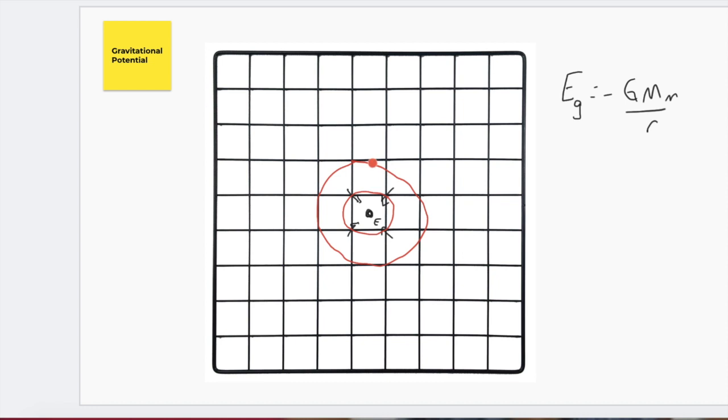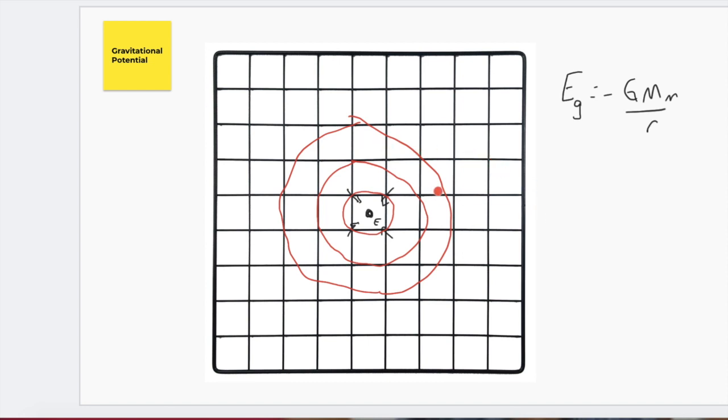This one, you'd be at a slightly less negative gravitational potential. This one, you'd be even less negative. Oh, I'm really botching this one. That's okay. They don't pay me for my art skills. All right, and so on and so forth. So the idea is the farther and farther you get away, your gravitational potential is dropping off.